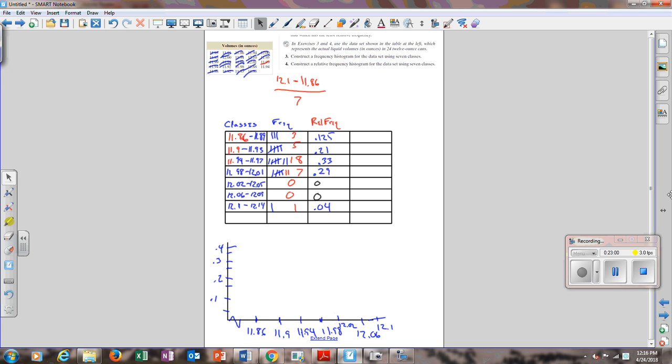Might as well finish this one off strong. So it's a relative frequency histogram. We have 0.125. 0.21. We have 0.33.